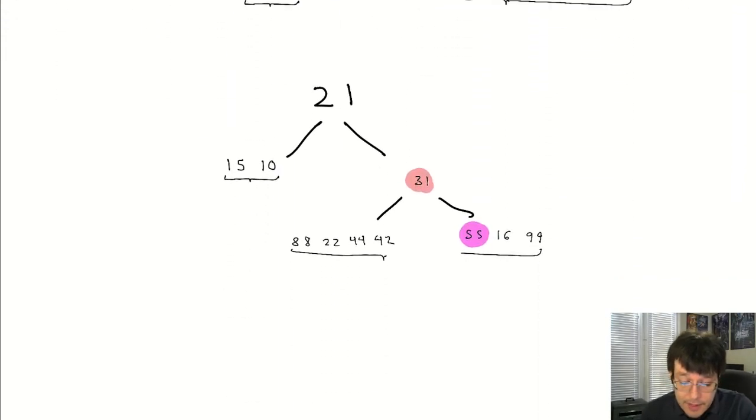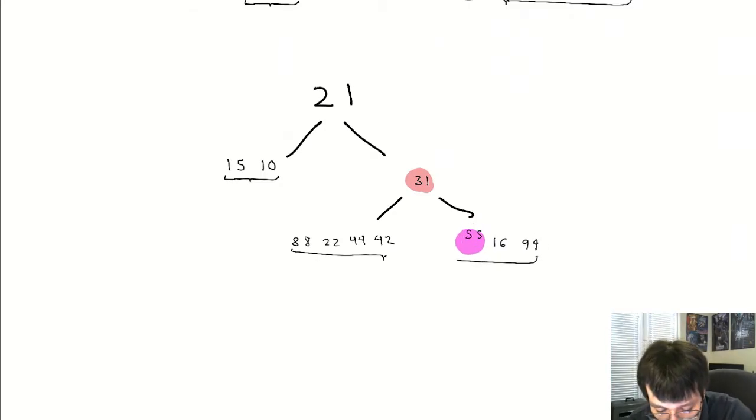And that means the other items in that list, which are 16 and 99, are also descendants of 31, and they're descendants on the right side. Sorry, I got the mirror thing and it confuses me. So that is the right side of 31, and of those three numbers, 55 is a direct descendant, and the other two must be descendants in some way or form of 55.